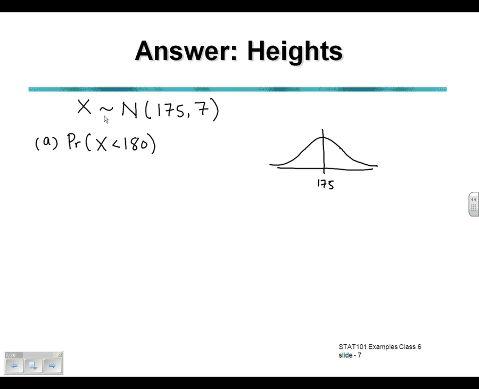So of course here 180 is on the right hand side of the mean, and we're looking for the total probability up to that point, so shaded there in red.